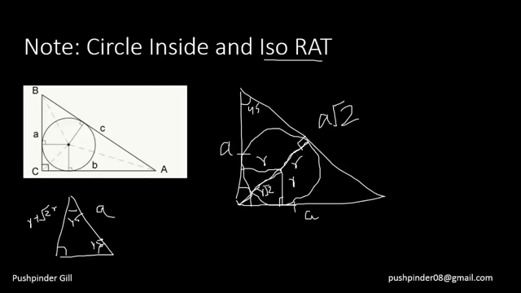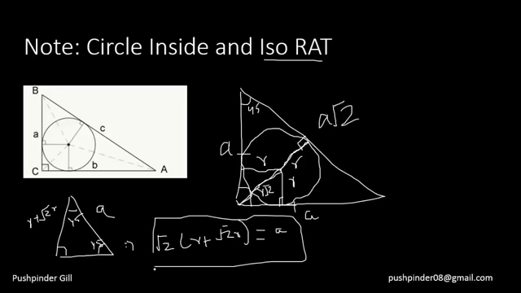So by this I can say that root 2 into R plus root 2R is equal to A, that is equal to the side. So this is the relationship between an isosceles right angle triangle and the circle inside it.